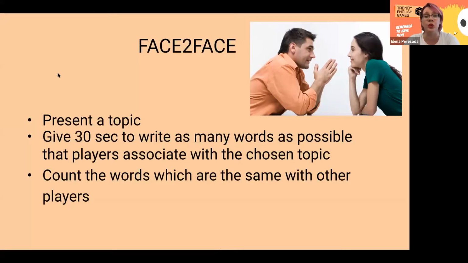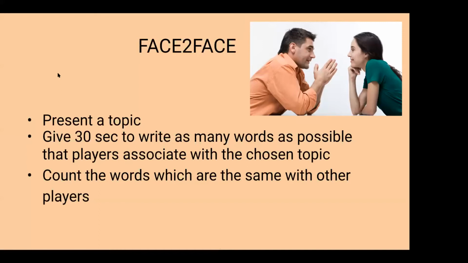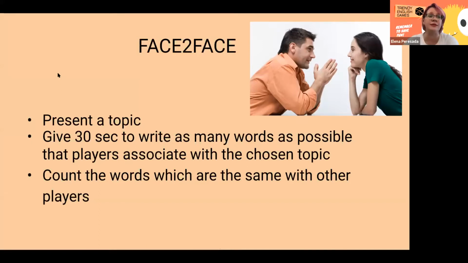We are not going to do the next step right now, I'll just explain it. The first player in your group gives a word from his list. For example, somebody says fun. All the people who have this word say, I've got fun.